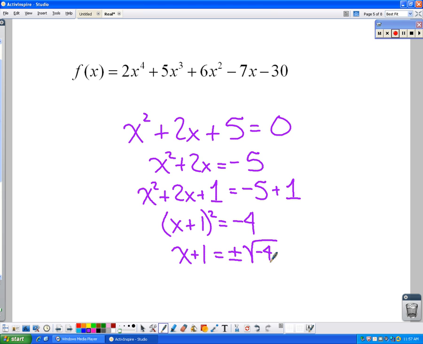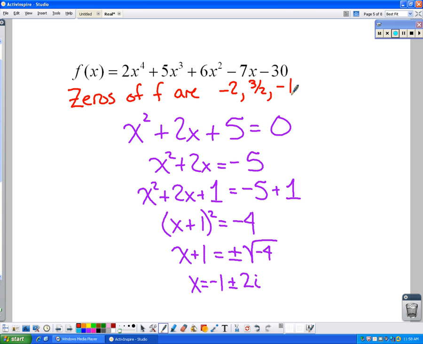Right. And then recall that the square root of -4 is 2i. So we have -1 plus or minus 2i as the solutions to this quadratic equation, which means ultimately that the zeros of f are -2, 3/2, -1 plus 2i, and -1 minus 2i.